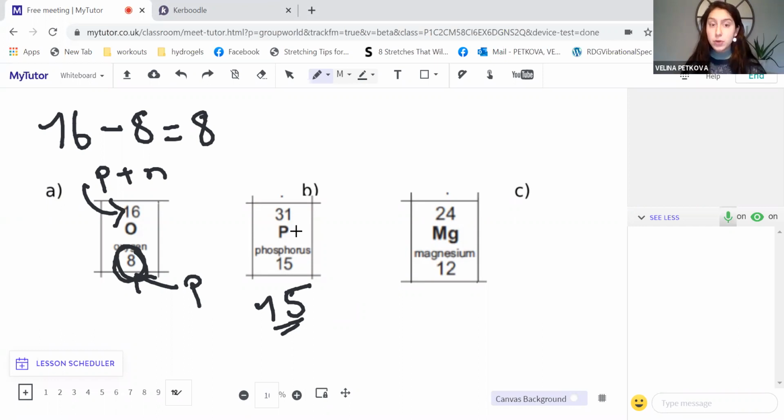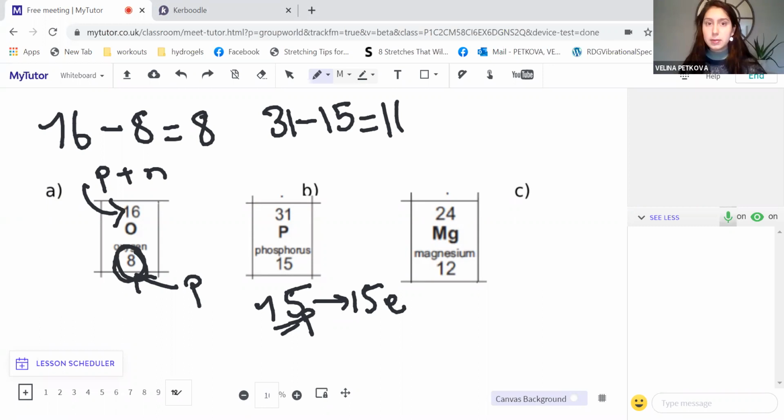So if we've got 15 protons, we've also got 15 electrons, as they are always equal. And the number of neutrons is 16 indeed, because we have 31 take away 15, which is equal to 16. So do you have any questions on the periodic table or atomic structure? Any questions on this part?